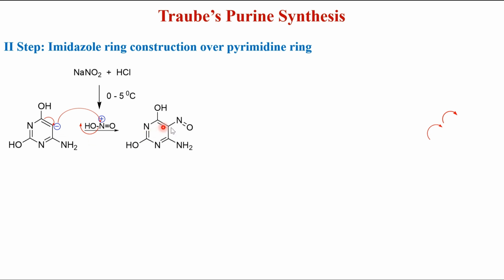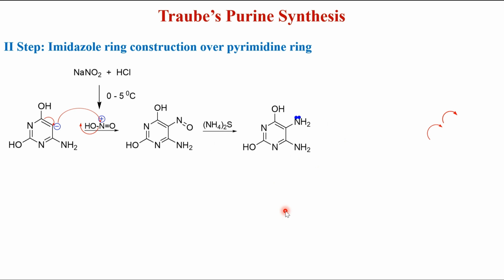I'll get the corresponding nitroso derivative of pyrimidine. This nitroso derivative I will treat with ammonium sulfide, a reducing agent, and the nitroso group gets reduced to amino. I got the diamino derivative of pyrimidine.